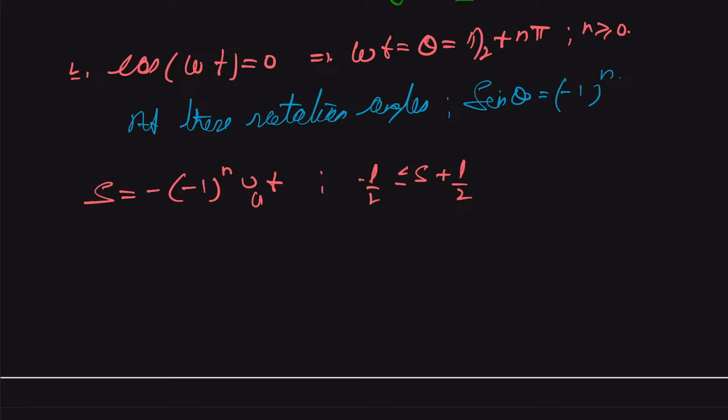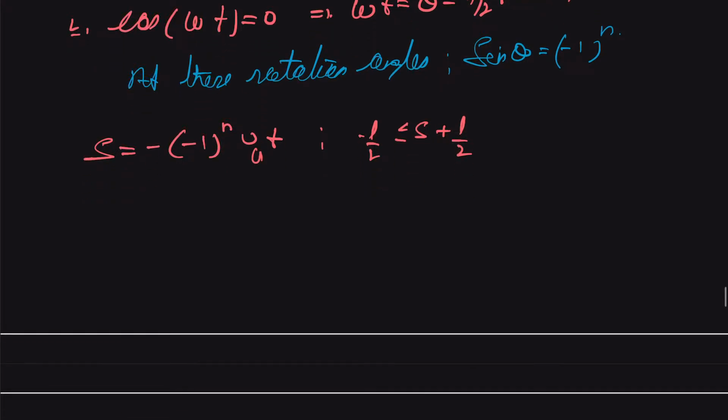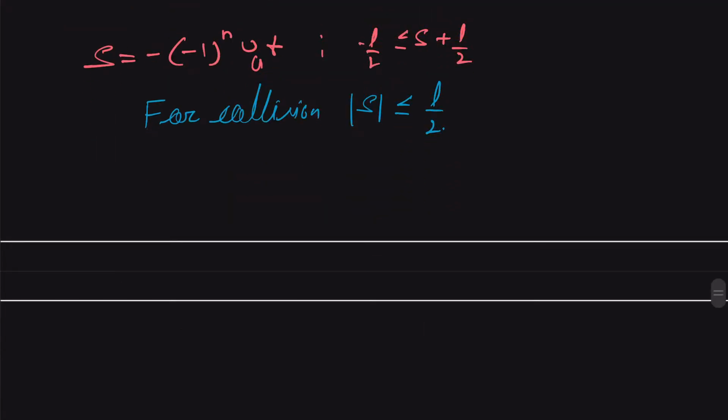And therefore, you can say that for collision, the point S should be less than or equal to L by 2. Okay. And let us find out the first critical time of potential strike. Potential strike means potential collision.